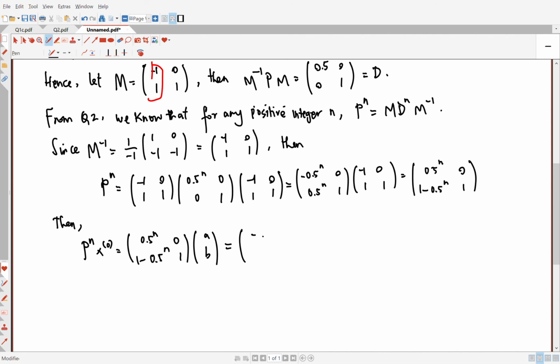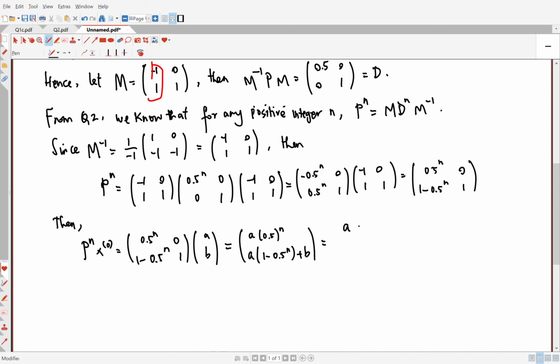So I will have a times 0.5 to the power of n, and then a times (1 minus 0.5 to the power of n) plus b.